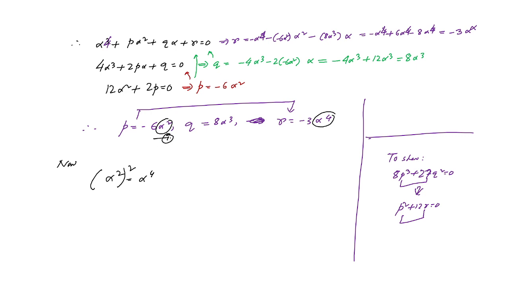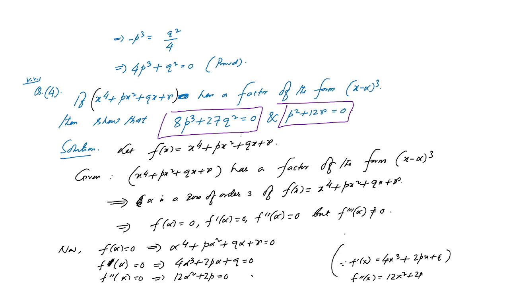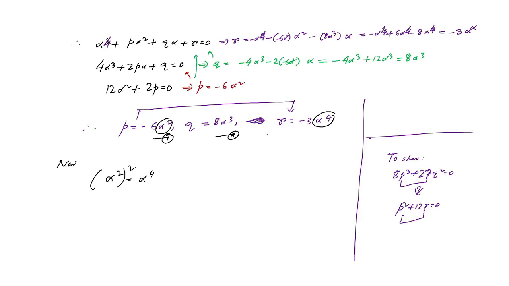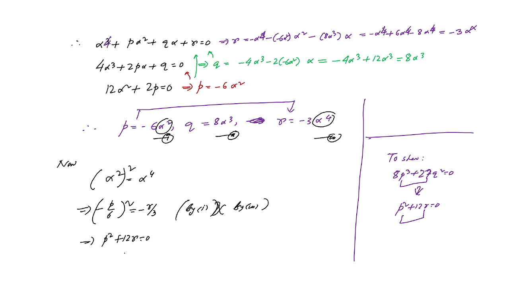Take the value of alpha square from the first, minus p by 6, whole square, equal to alpha to the power 4, which is minus r by 3, from the third. So the result is p square plus 12r equals 0. This is shown.